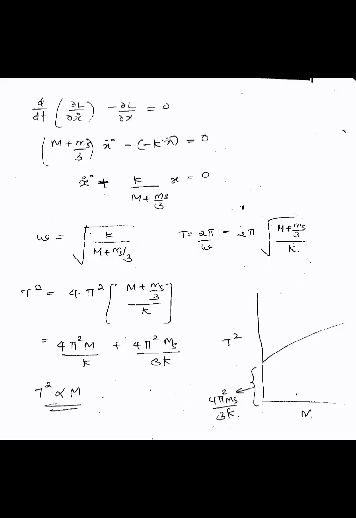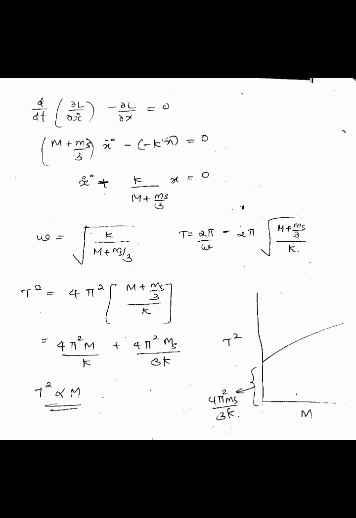That is (M plus ms by 3) x double dot plus kx is equal to 0. That is x double dot plus k by (M plus ms by 3) into x is equal to 0. So omega is equal to square root of k by (M plus ms by 3).